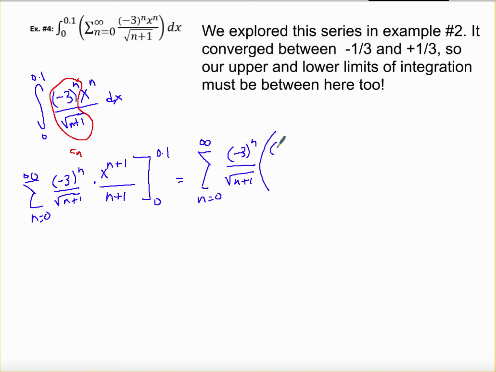So I'm going to have 1/10 to the n plus 1 power divided by n plus 1 minus 0 to the n plus 1 power divided by n plus 1. Okay, well, 0 to the anything power is 0, and 0 divided by anything is 0. So really all we have to worry about is this piece.